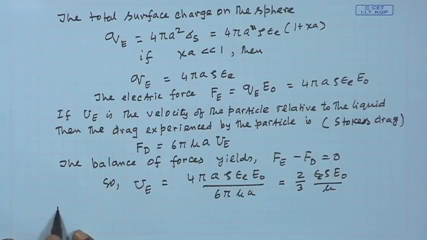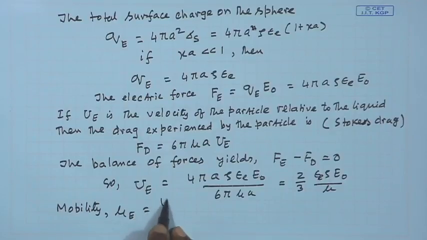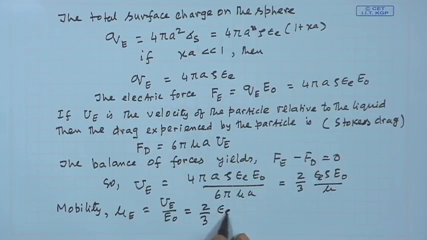And the mobility, what we already defined, let us call this mu e, is u e by E 0, per unit electric field. So, this becomes 2/3 epsilon E zeta by mu.